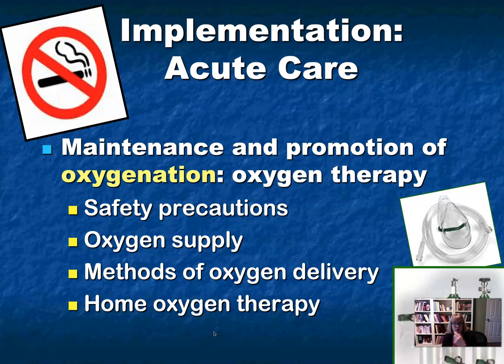Because it's mixing with room air. The client's breathing in air from the room around those nasal prongs through their mouth. It's mixed, and so it's a small increase of oxygen concentration. Now it starts going up by 4% for every liter. So 2 liters would deliver 28%.